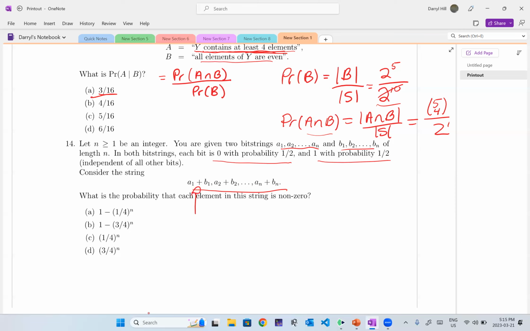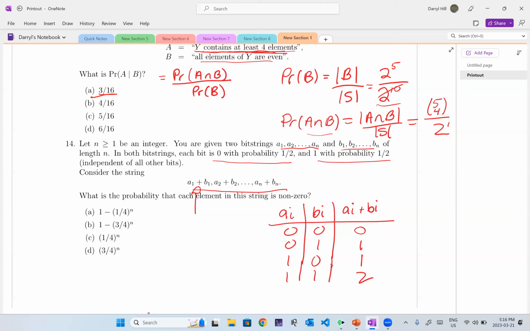All right, so let's draw it out. A_i, B_i, and then we want to take A_i plus B_i. So we look at all possibilities: 0, 0, and 0; 0, 1, and 1; 1, 0, and 1; 1, 1, and 2. So what's the probability that in this new string any given bit is non-zero?